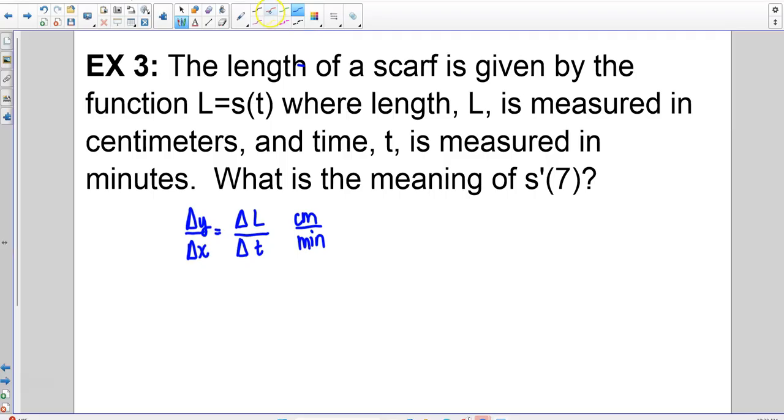If they give us a number right here instead of x, so if they said, what does S prime of x mean, we would not have to do this, but they said S prime of 7. So 7 is getting plugged in here for t. t is time, specifically time in minutes, right? So we would want to start off with, you don't have to say t equals, but I like to, t equals 7 minutes or at 7 minutes.